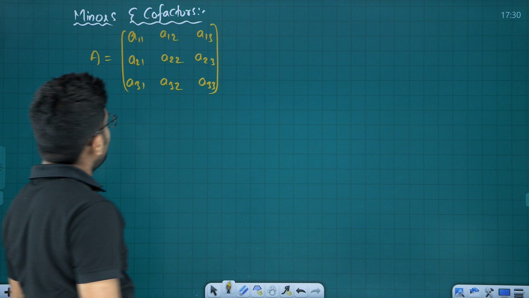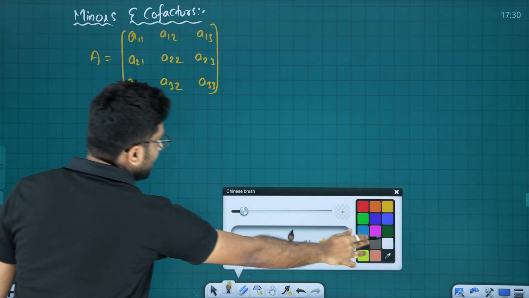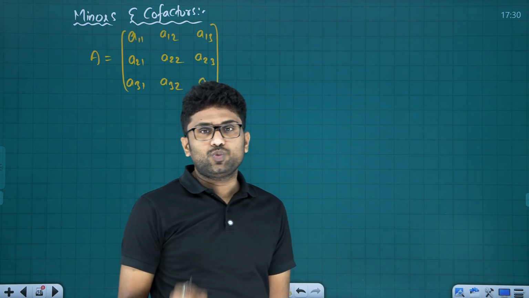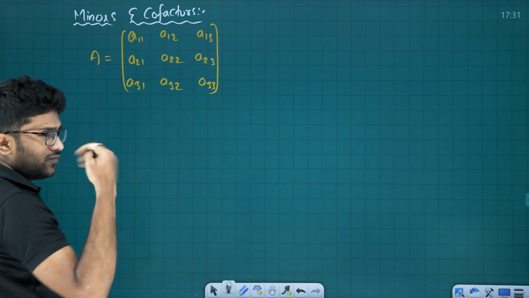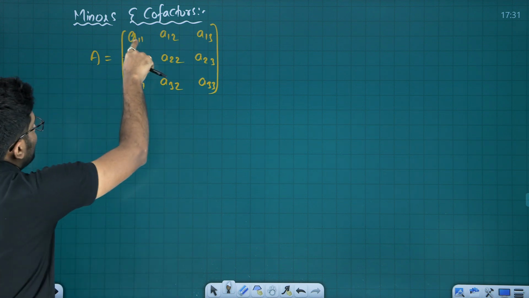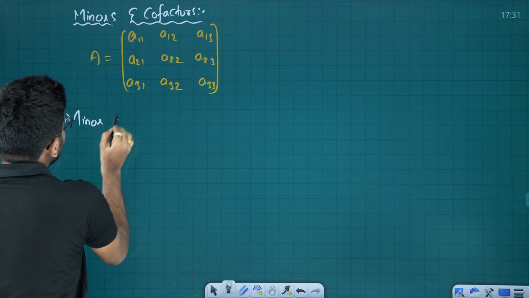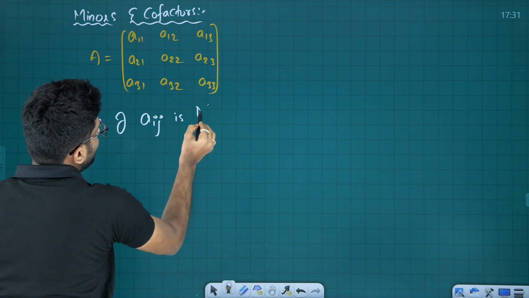So this is a square matrix of order 3 by 3. Now see this, friends. For every element there will be a corresponding minor and cofactor. First we will understand what a minor is. For every element Aij there will be a corresponding minor, denoted as Mij.